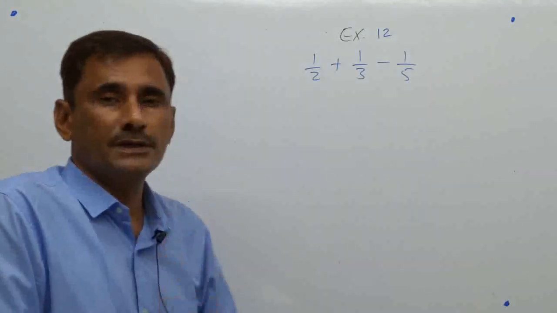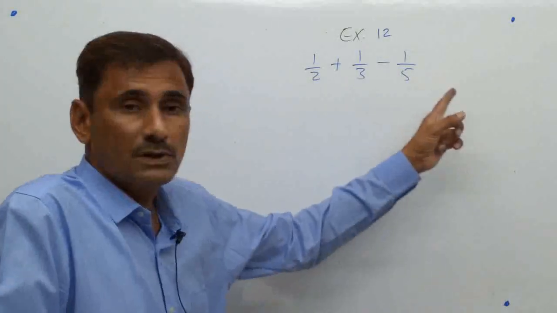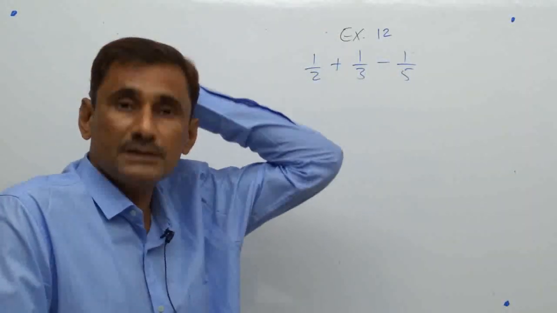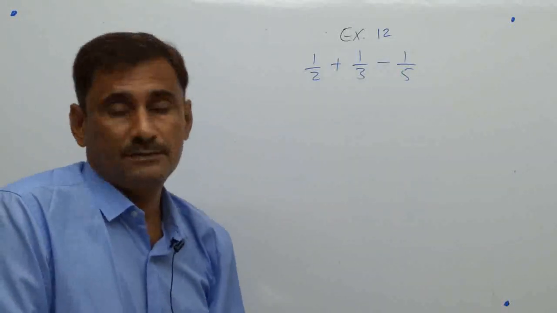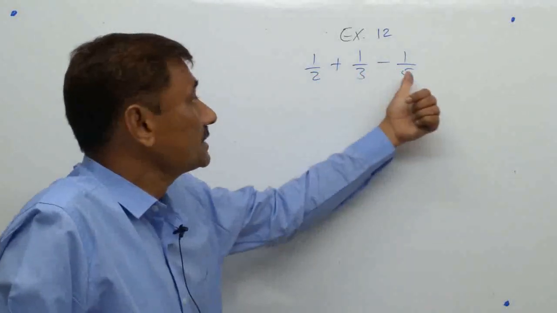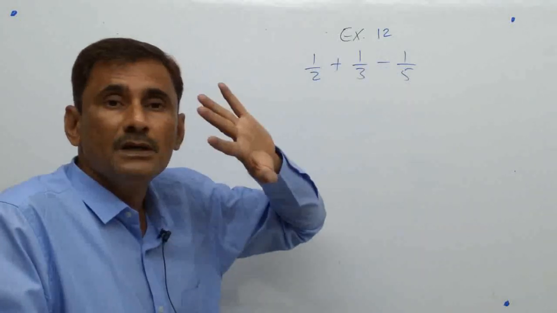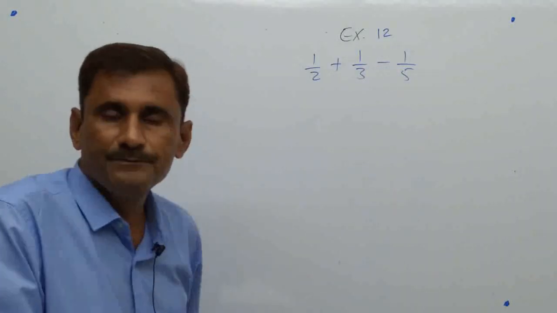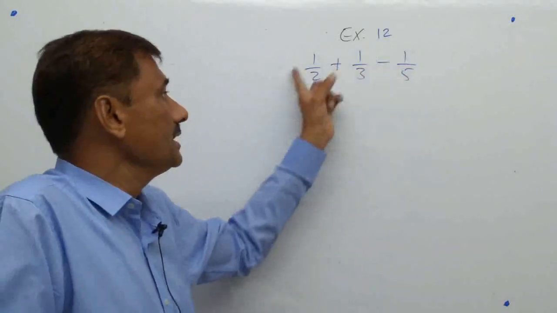Okay, one other thing I told you so many times: whenever the numbers are co-prime, meaning no factor is common, at that time the product itself is the LCM. Whenever all denominators are co-prime, then the multiplication of all 3 will be the LCM only.